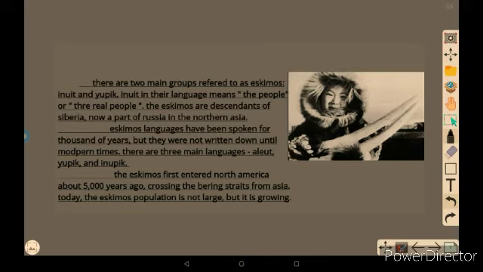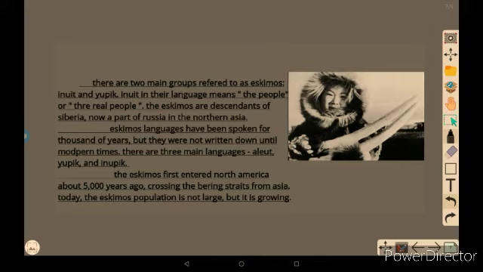Okay, so now the Eskimo languages. What are their main languages, spoken for thousands of years? They were not written down until modern times.